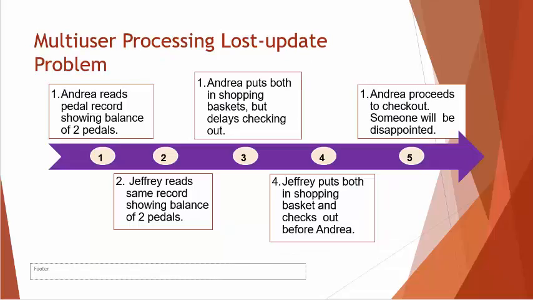Now, to give you some understanding of what kind of problems a database can give you, your book mentions something called the lost update problem. So here we have two people looking for the last two tickets at an event. Right? So they're Jeffrey and Andrea.